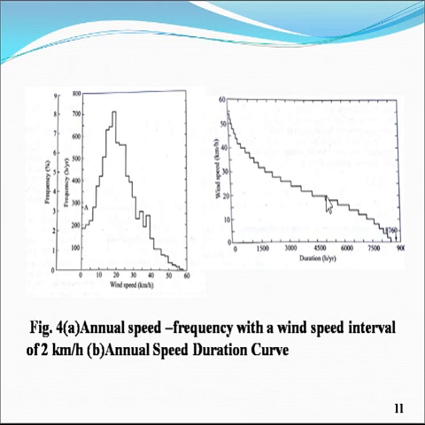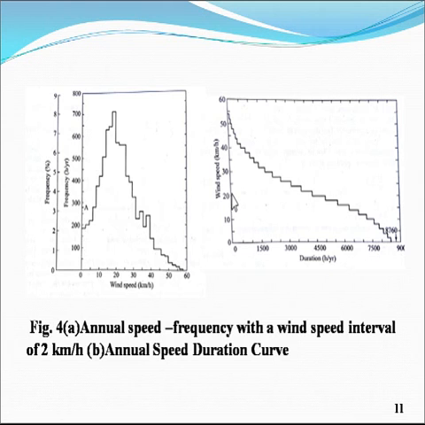This is a load duration curve, the wind duration curve, and the wind duration curve gives the availability of wind for those hours. A wind speed of 30 kilometer per hour is available for 1500 hours per year.